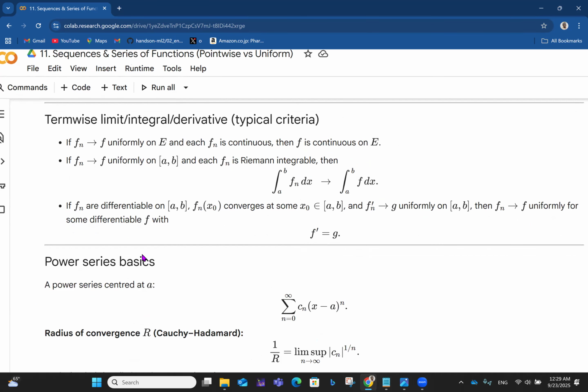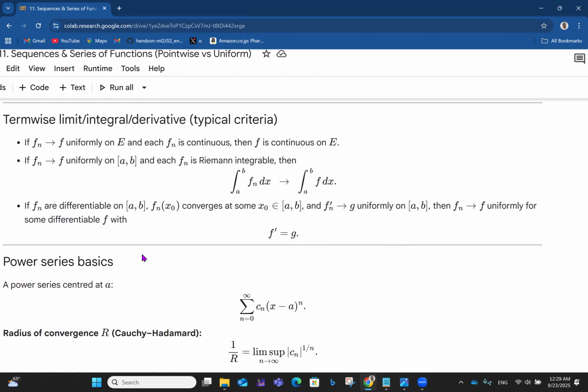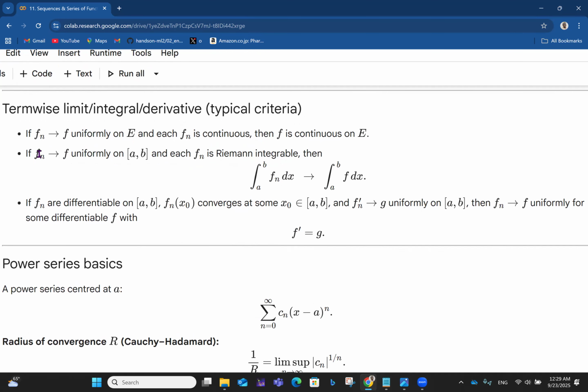Here, if the sequence fn approaches f uniformly on E, and each fn is continuous, then we say f is continuous on E. On the other hand, if fn approaches f uniformly on the closed interval [a, b], and each fn is Riemann integrable, then the integral from a to b of fn dx approaches the integral of f dx from a to b.